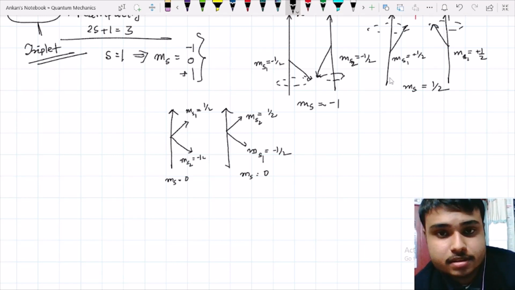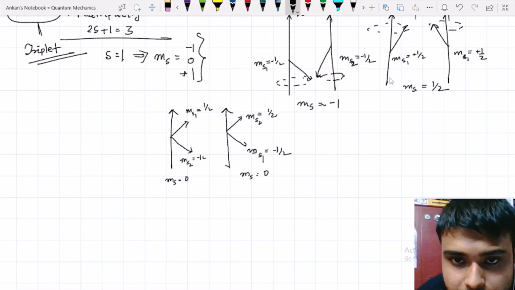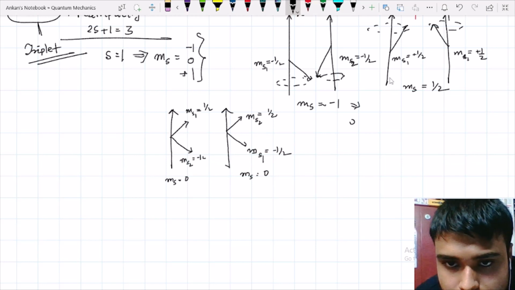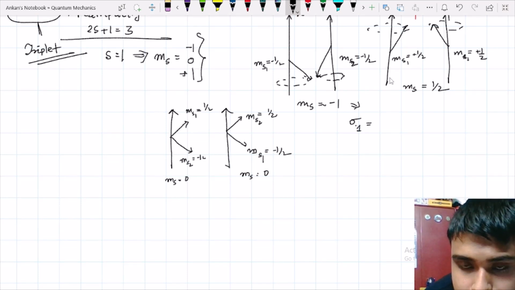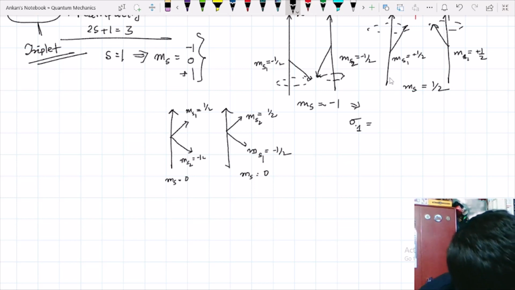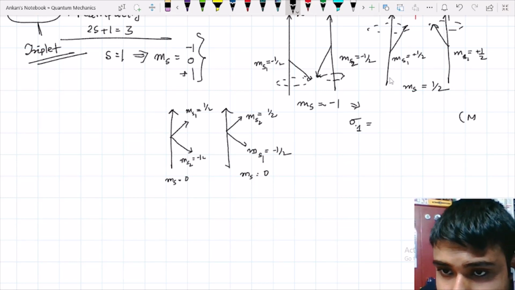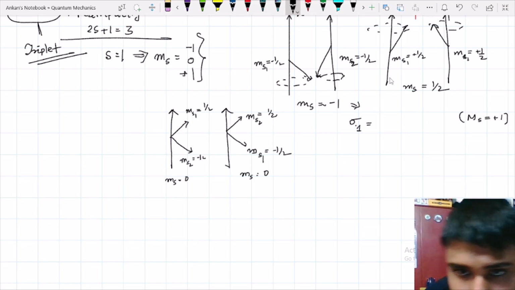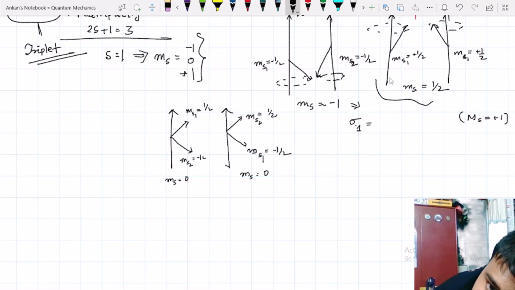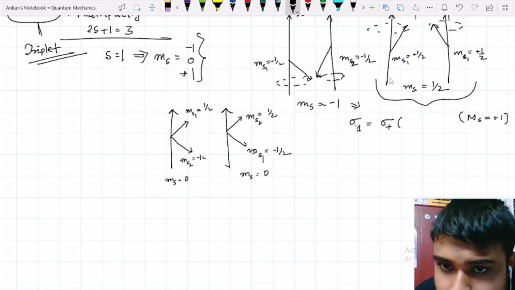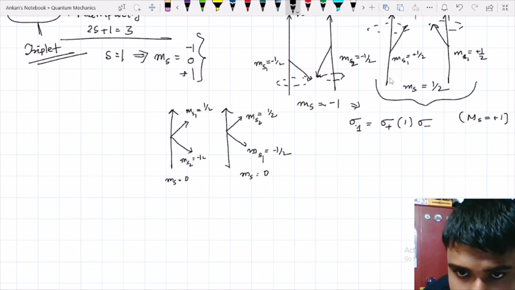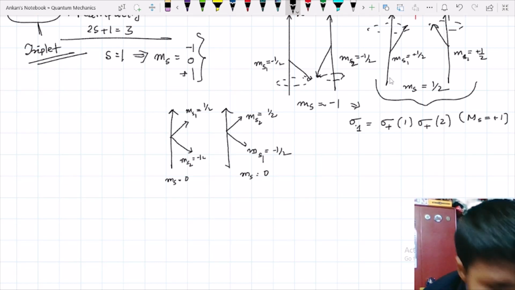So for the two cases we can write that here the sigma corresponding to 1, sigma 1. So what will be the value of sigma 1? Sigma 1 will be, for ms equal to plus 1, plus 1, this also plus.